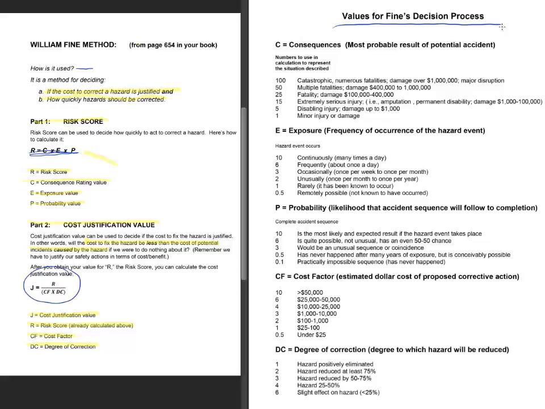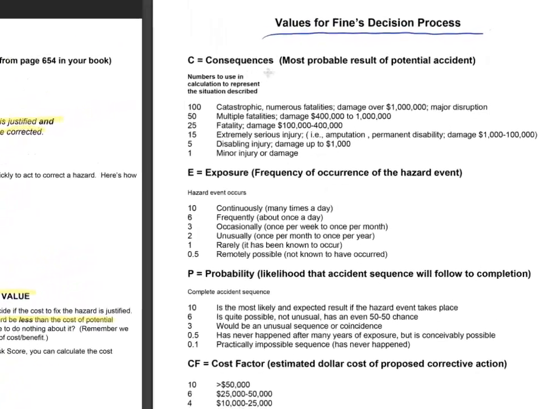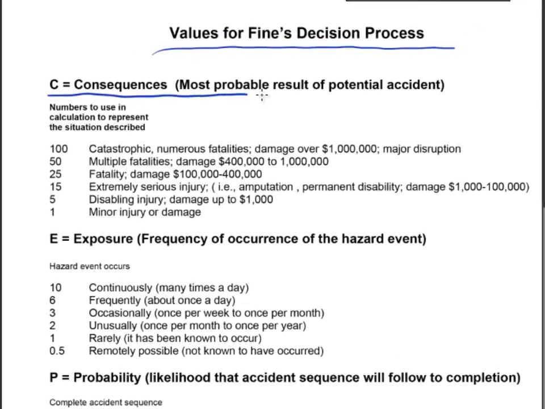For example, let's go back to our first one. R equals C times E times P. So our risk score equals the consequences, which means these are the potential consequences of whatever the accident might be.